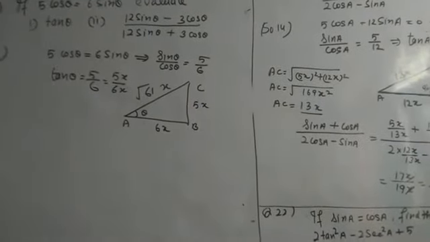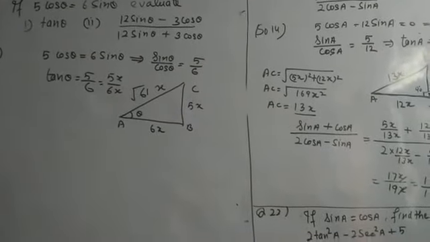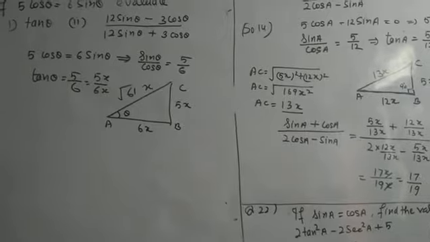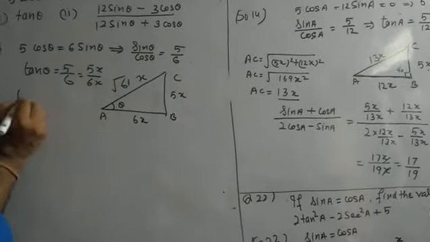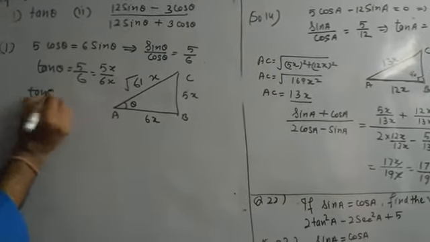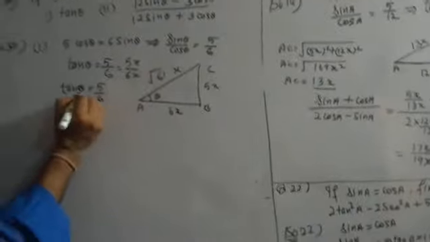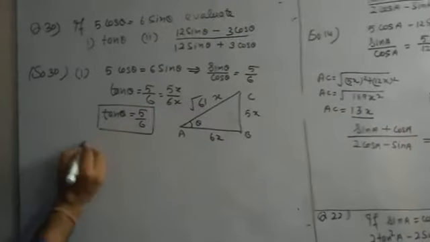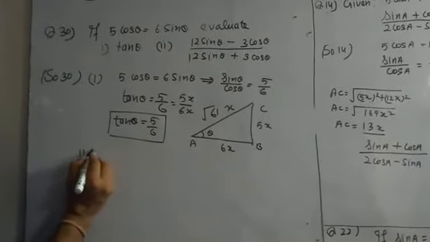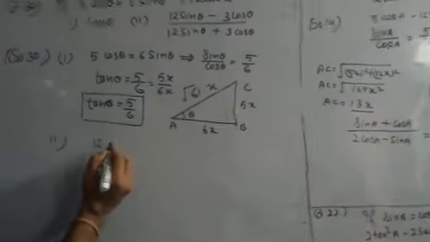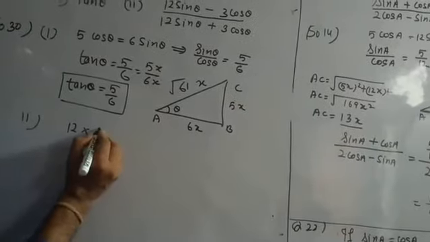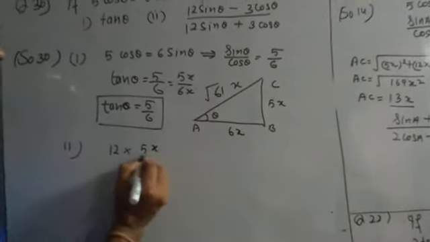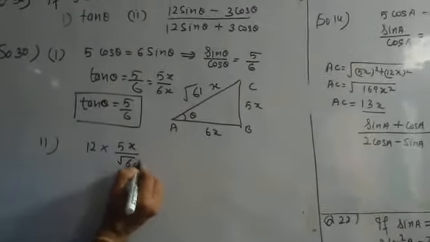Now this is the first and second one. First one answer, tan theta equals 5 by 6. And second one, the value of sin theta is perpendicular upon hypotenuse, 5x upon root 61x.